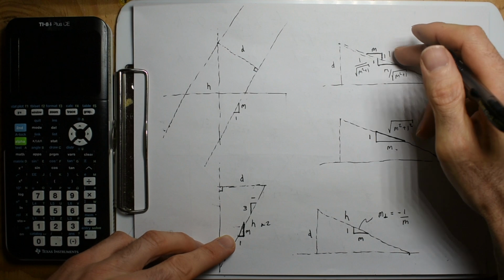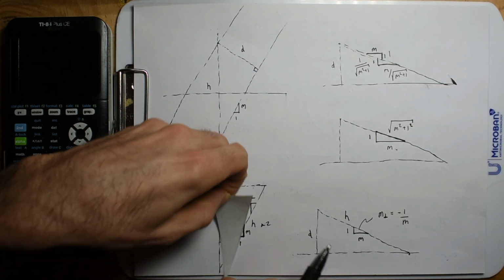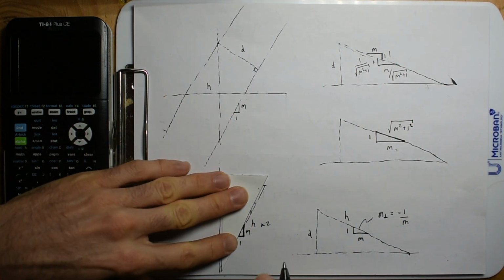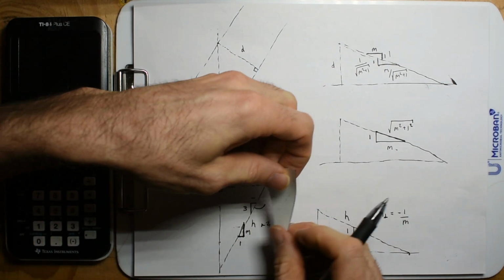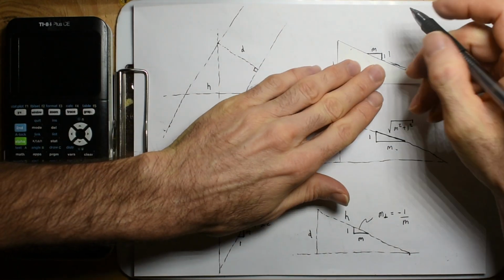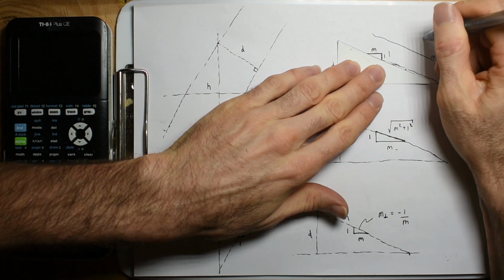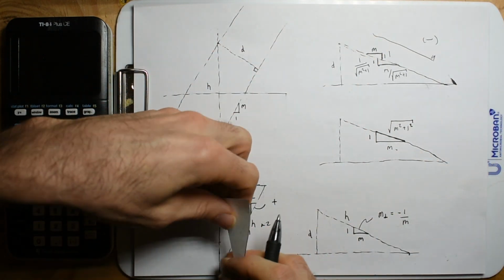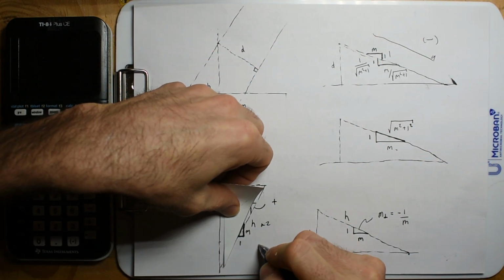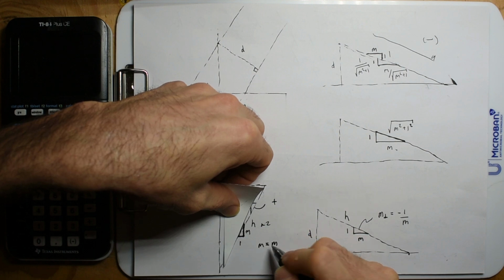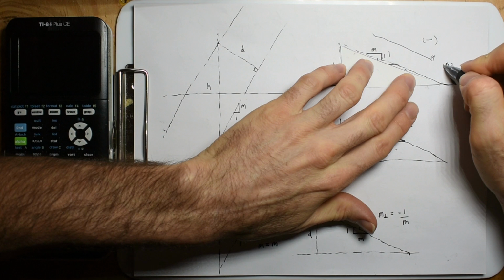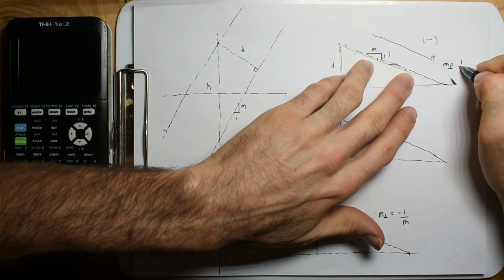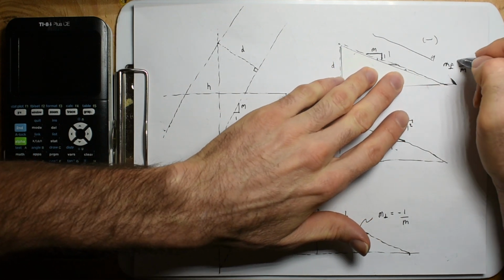But it also changed sign, so I have to be cautious about that. This slope is a positive slope, and when we do this, this slope is a downward slope. It's negative. So this slope is equal to m, and the perpendicular slope is equal to 1 divided by m with the sign change.